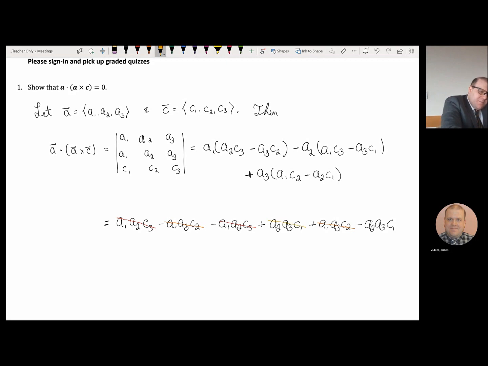A2, A3, C1 minus A2, A3, C1. So we get 0. Which now makes sense, right? A cross C, the result is perpendicular to both A and C. So its dot product with A should be 0 because it's perpendicular to A, which we've just shown it is.